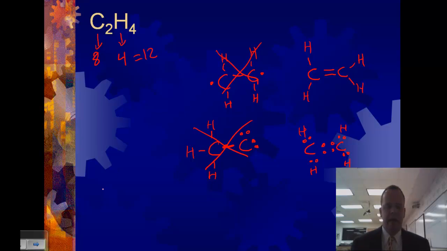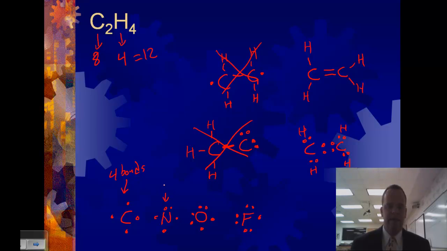Now, if you look across the periodic table to our non-metals, you can generally see the types of bonds that are going to be occurring. Carbon has 4 valence electrons, nitrogen has 5, oxygen has 6, fluorine has 7. So carbon usually is going to form 4 bonds.